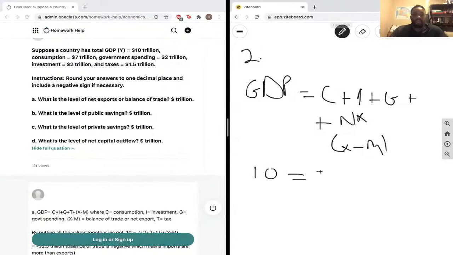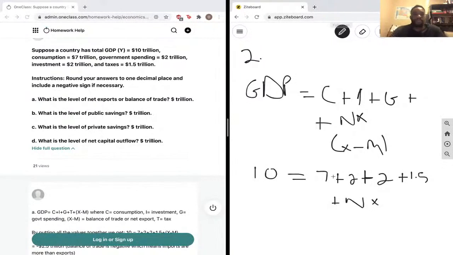Consumption equals 7 plus investment equal 2. Government spending is equal to 2. And tax is equal to 1.5. What we don't know is what net exports is, and so we're just going to solve for it.